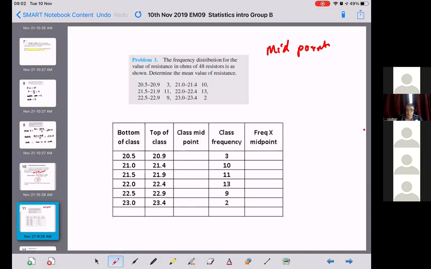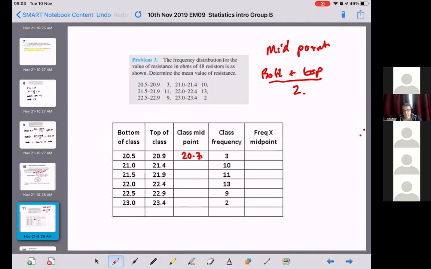Yes, bottom of class plus top, over 2. So in this case, we do 20.5 plus 20.9 and divide that by 2. 20.7.